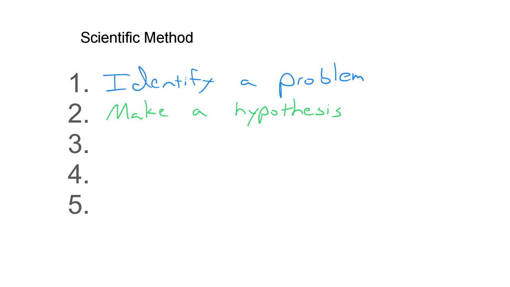All right, in step 3, you're going to make a testable prediction. So if your hypothesis is true, under some sort of experimental conditions, we would expect something to happen.